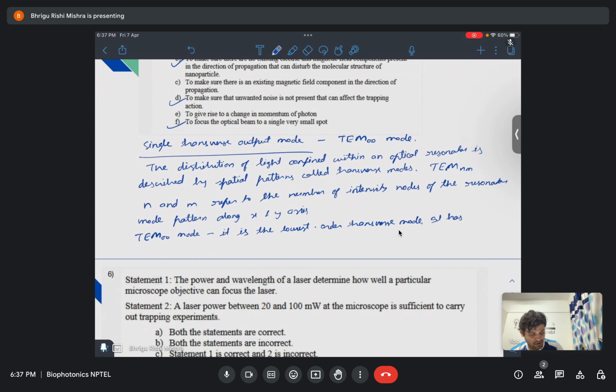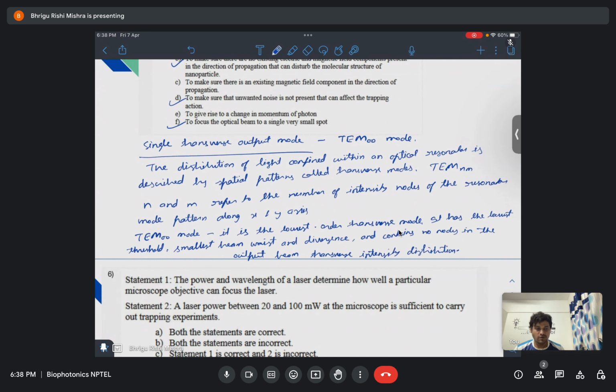It has the lowest threshold, smallest beam width, and divergence, and contains no nodes in the output beam transverse intensity distribution.